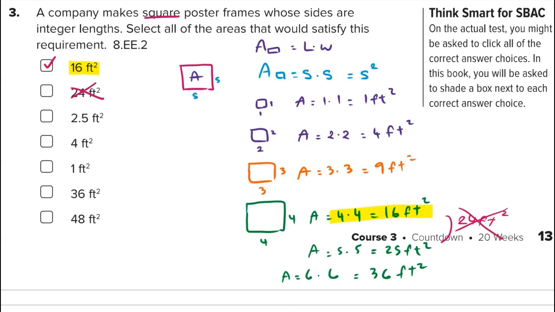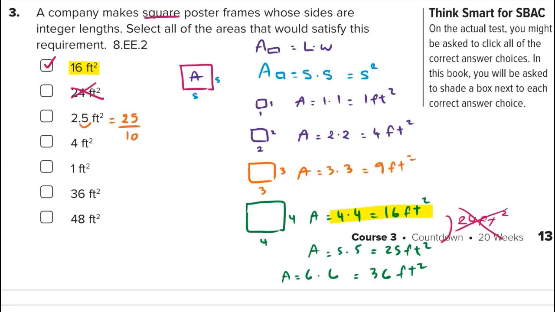Next, 2.5 feet squared. Ooh, 2.5. We have 25 feet squared, but we don't have 2.5. They're close enough for us to think about this a little bit. If I want to turn 2.5 into 25, I move the decimal point one place over. So that will be 25 over 10.